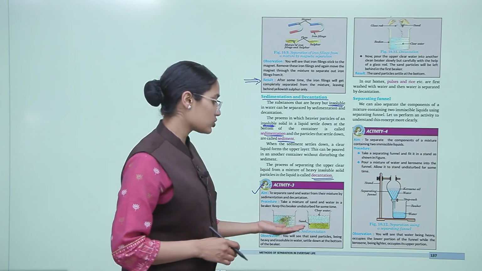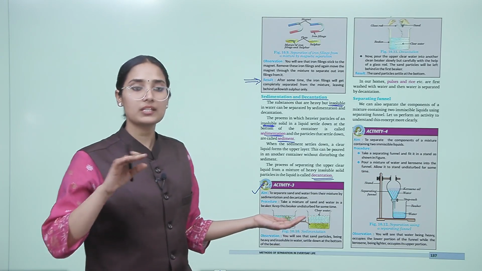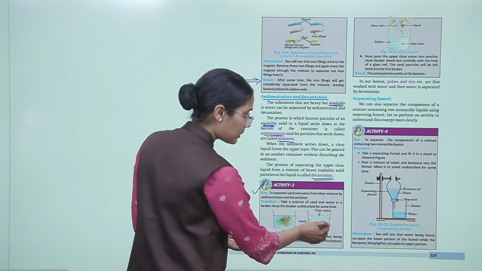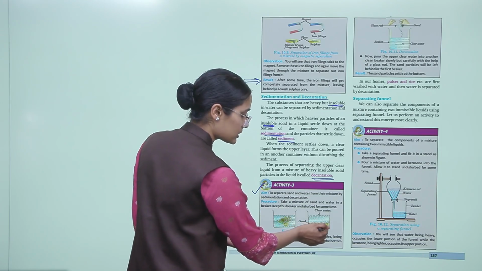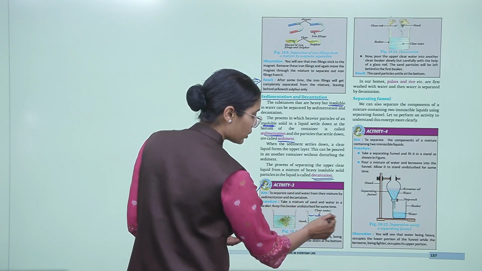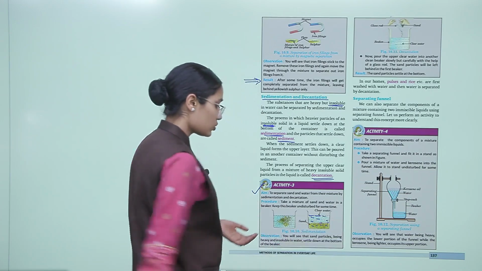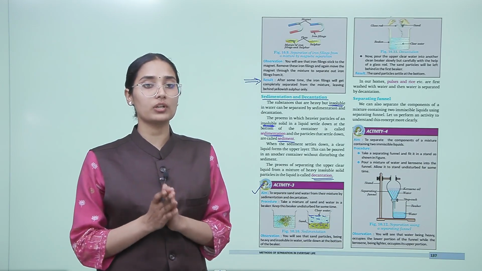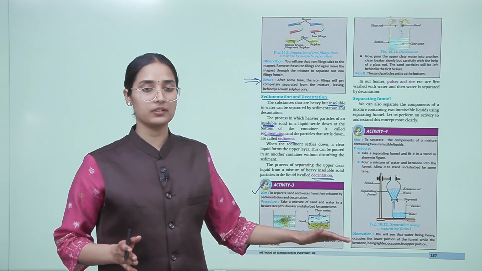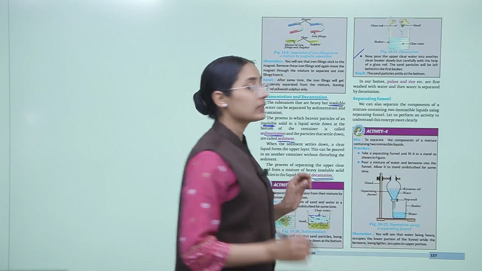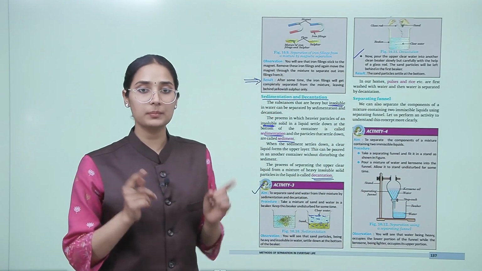So when you keep it aside for some time, you will see that after some time the sand particles will get settled at the bottom of this container, right? And on the top of that the layer of water will be formed. Okay, so you will see that sand particles, being heavy and insoluble in water, settle down at the bottom of the beaker. Okay, now pour the upper clear water into another beaker.